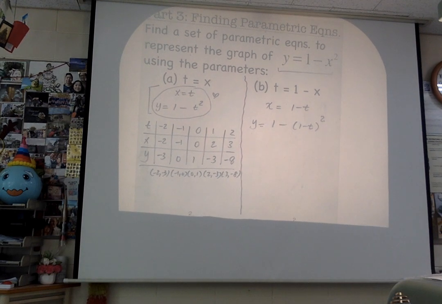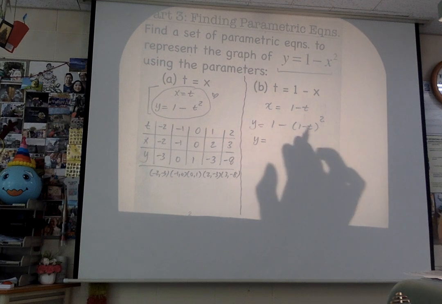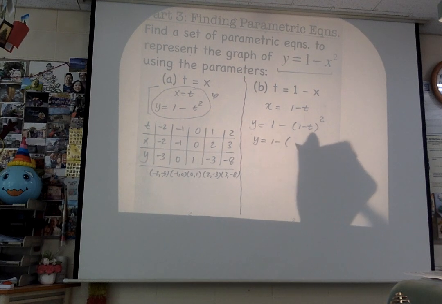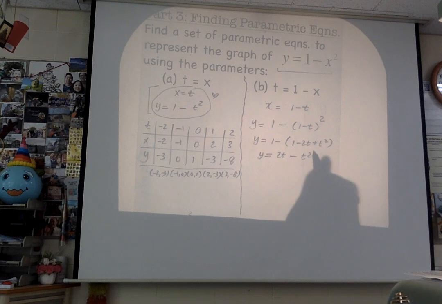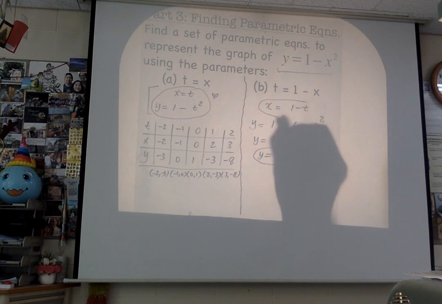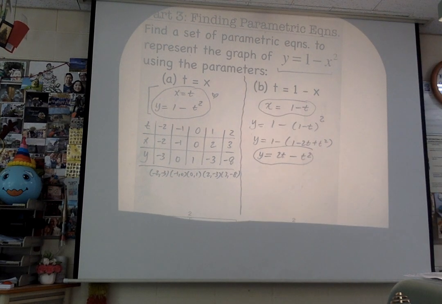So we got that. Oh, we're done! Actually, let's plug in all the way. When you simplify this, you get 1 minus 2t plus t squared. And when you simplify that sucker, you get 2t minus t squared. So you have your y in terms of t, x in terms of t. Woo! We're almost done, okay?